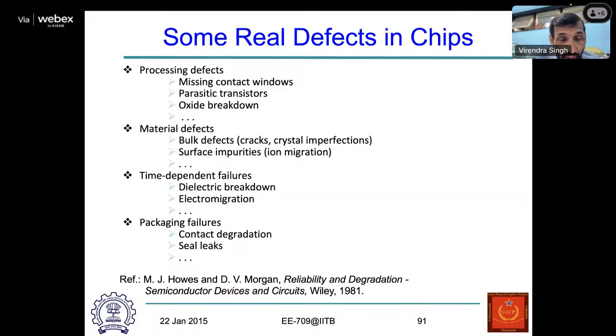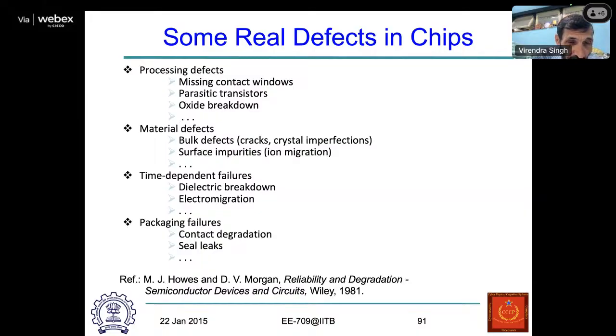That means there can be a crack or a crystal imperfection, there can be a surface impurity, or you can have a time-dependent failure. As I said, when it operates, there may be evaporation of some metal that can result in an open, which we call electromigration, or there can be a dielectric breakdown between the source and the channel.